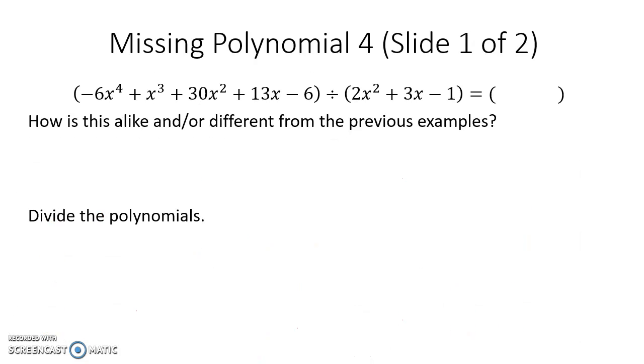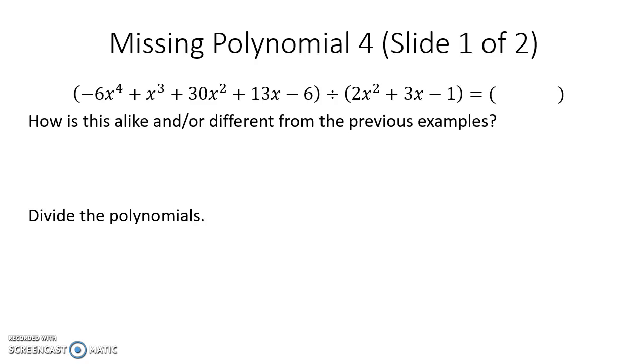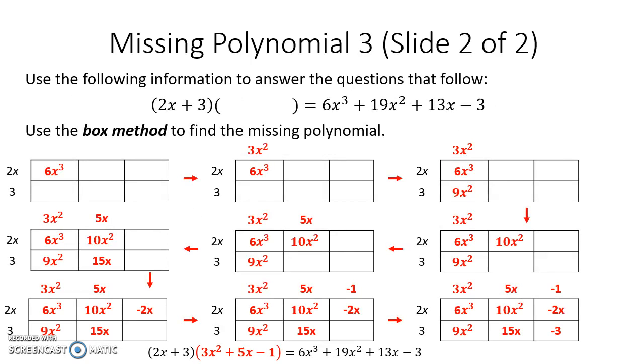Here's a new slide. How is this alike and or different from the previous examples? So let me go back again. Notice here I'm asking you to find the missing polynomial. Here I'm asking you to divide, so that's one difference. But the similarity is that I'm really asking you to divide on this other slide.